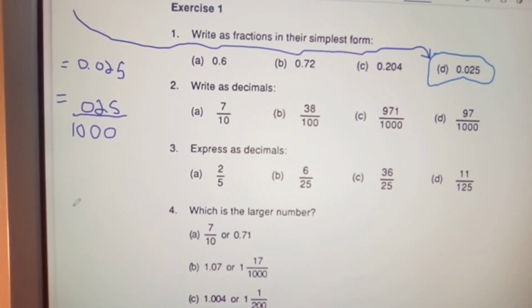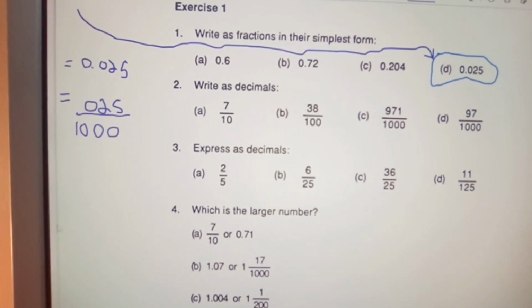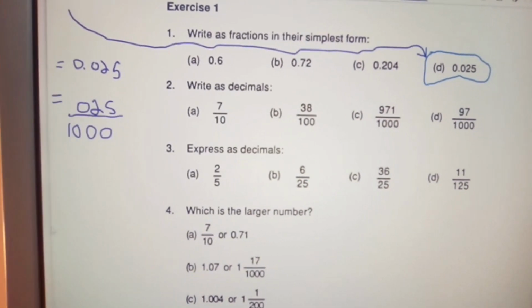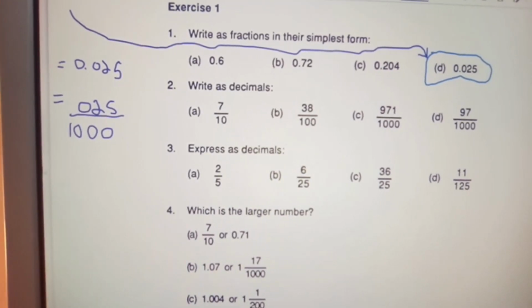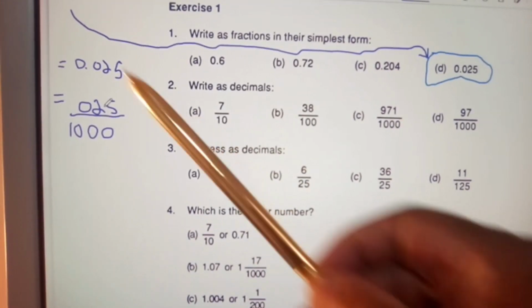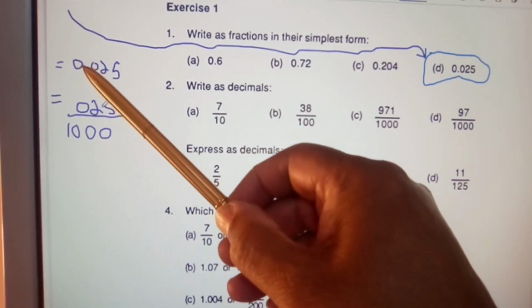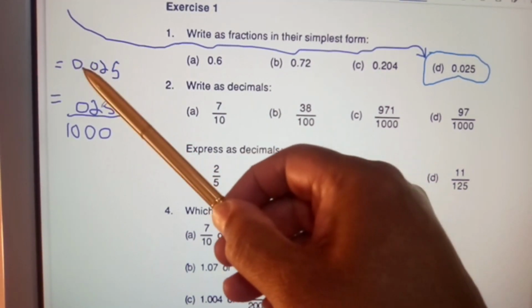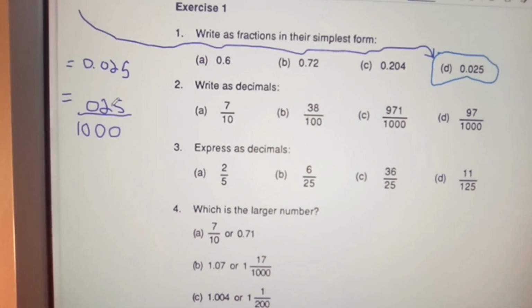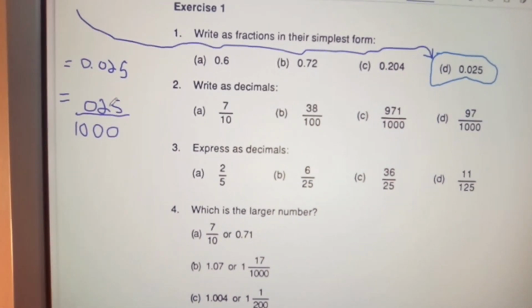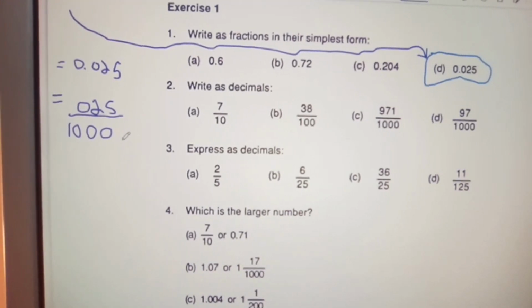Now this is interesting because 0.025. Do I really need to put this 0 in? Well, actually yes, because it gave me the position of my number of zeros that I need to add for my denominator.